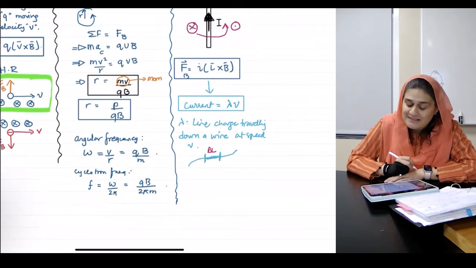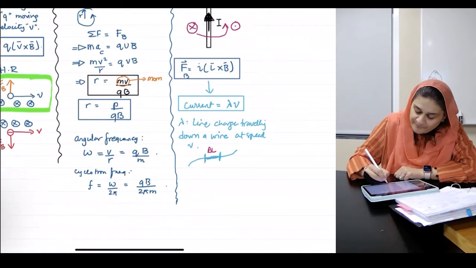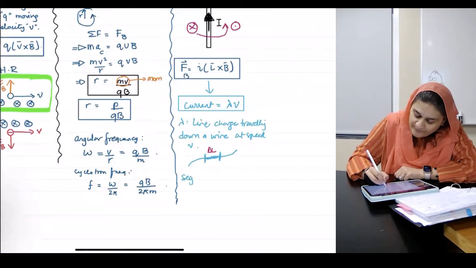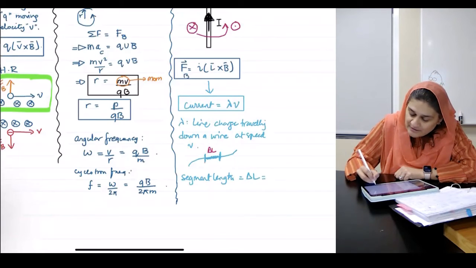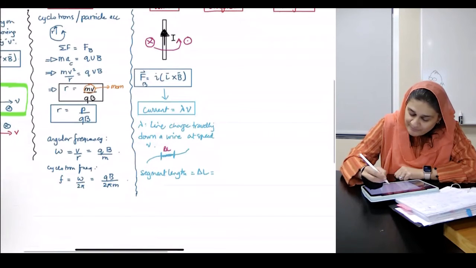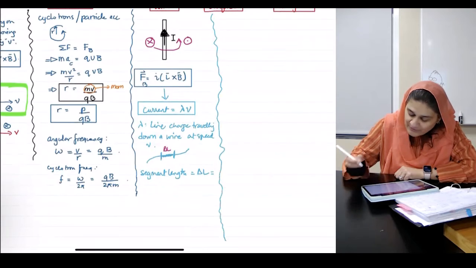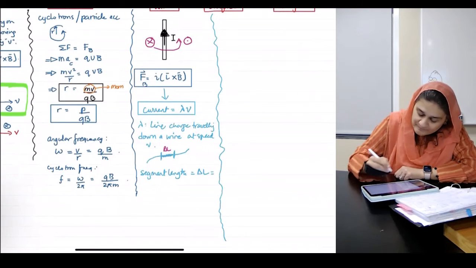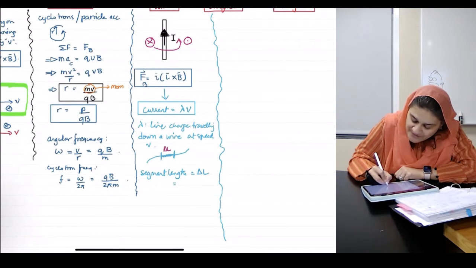Then he says I can define my segment length as speed times delta t.